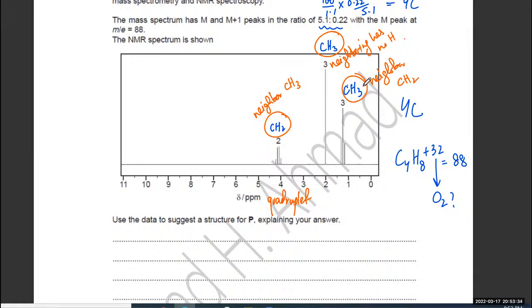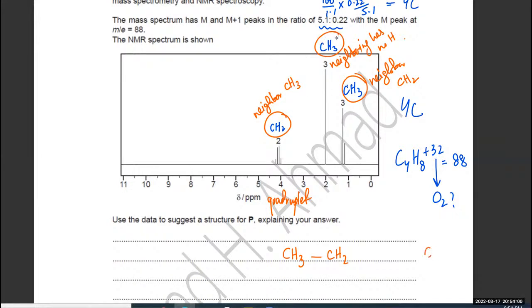So that kind of solves part of the structure: the CH3 and CH2 are together, right? Is that clear? That's how the splitting would work. Is that clear, Munir? Yes, sir.